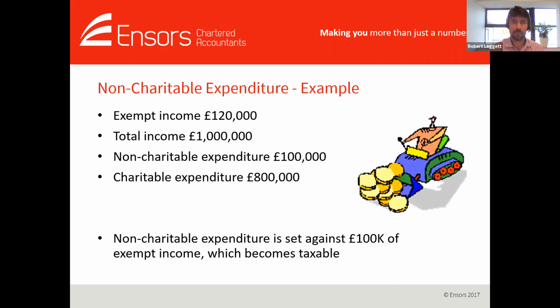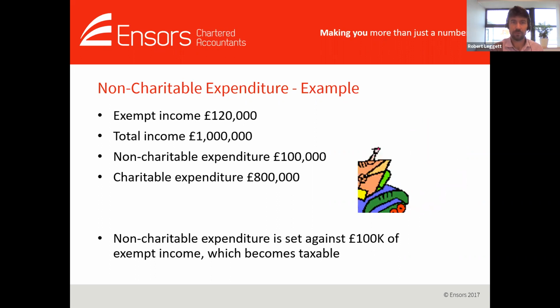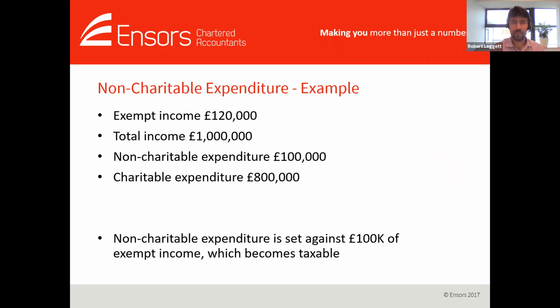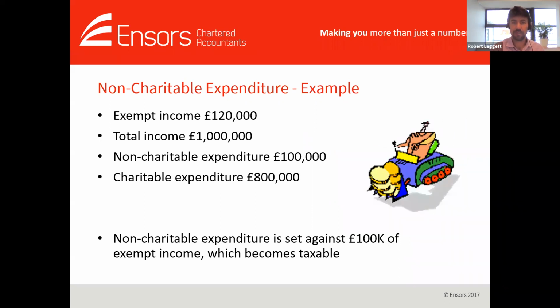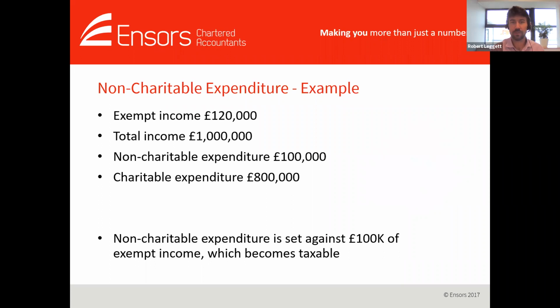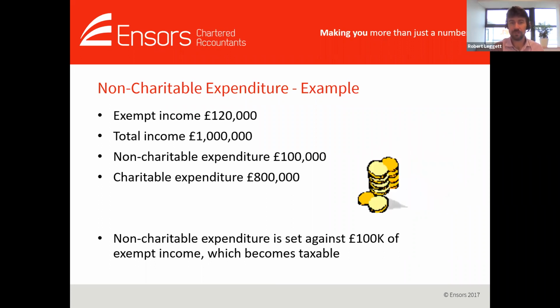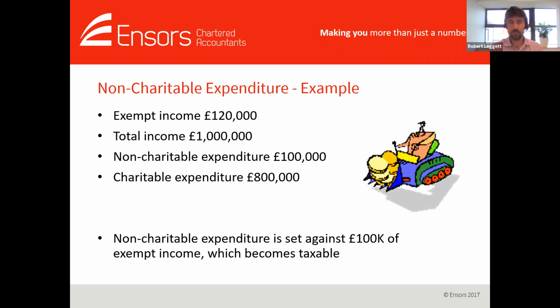But we have a total income into the charity of £1 million, but we have non-charitable expenditure of £100,000, charitable expenditure of £800,000. Quite simply, the non-charitable expenditure set against £100,000 of exempt income, which becomes taxable.